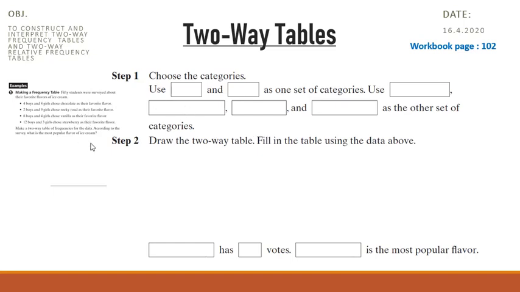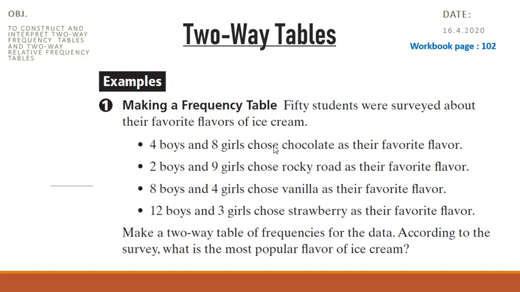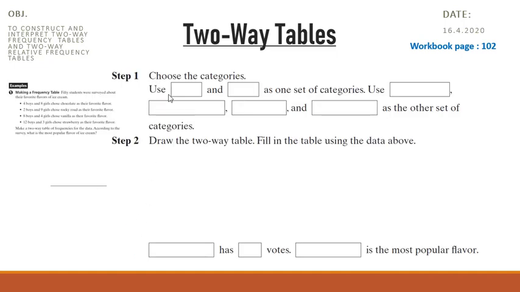We will read the question first. We have 50 students who were surveyed about their favorite flavor of ice cream. We have boys and girls, and we have the flavors. To make a two-way table of frequencies, we have two categories.